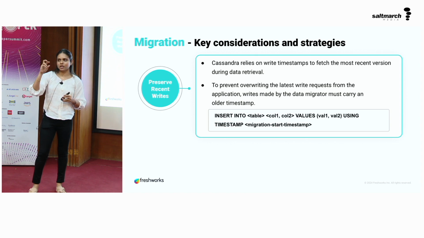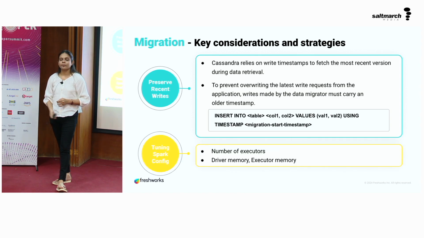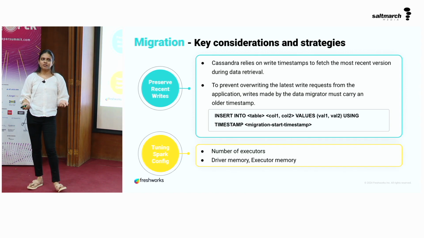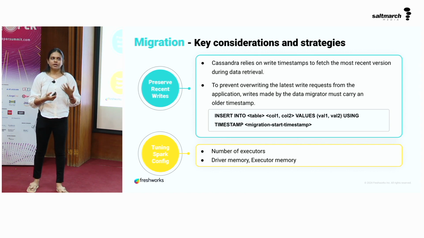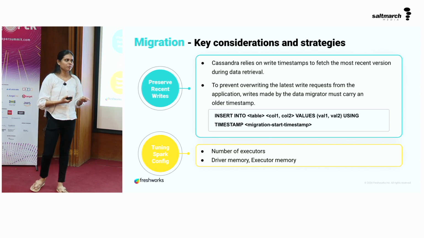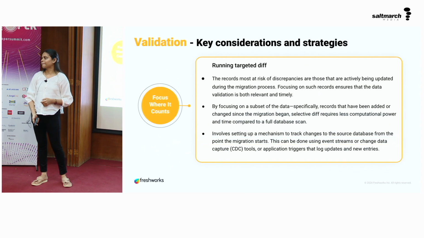So all the writes done by the migration job will bear this timestamp, and any live requests that happen henceforth will have higher precedence because they will be done with the latest timestamp. And the next one is, of course, the Spark cluster tuning that we just set up, and it involves configuring and fine-tuning the number of executors that we want to have, driver memory, executor memory, but it all depends on the nature of the Spark job and is a one-time activity.